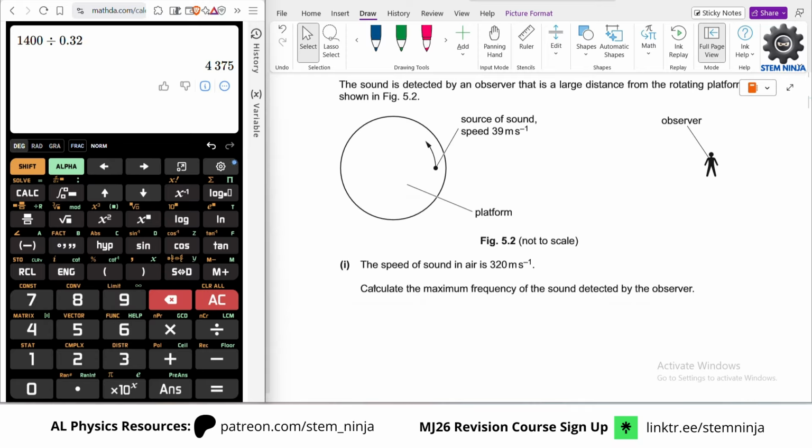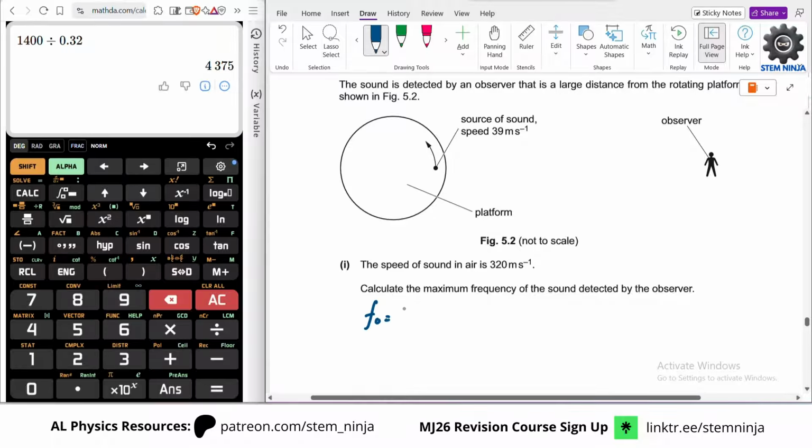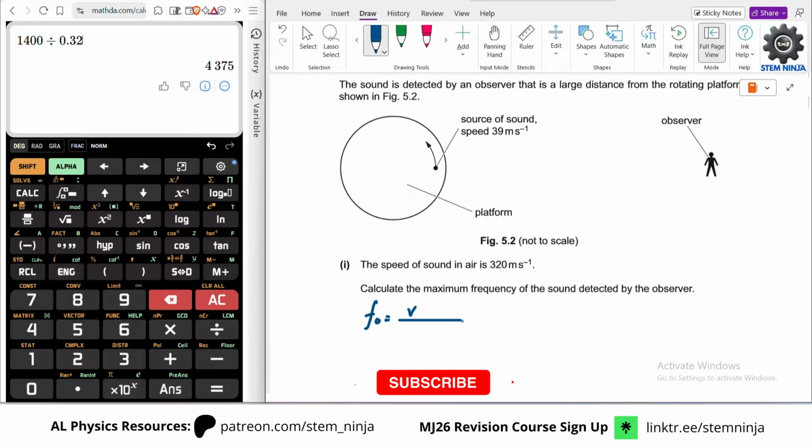Maximum frequency would be, we can use the formula for Doppler effect. That would be observed frequency is equal to speed of sound, V, divided by V minus V source, times original frequency.